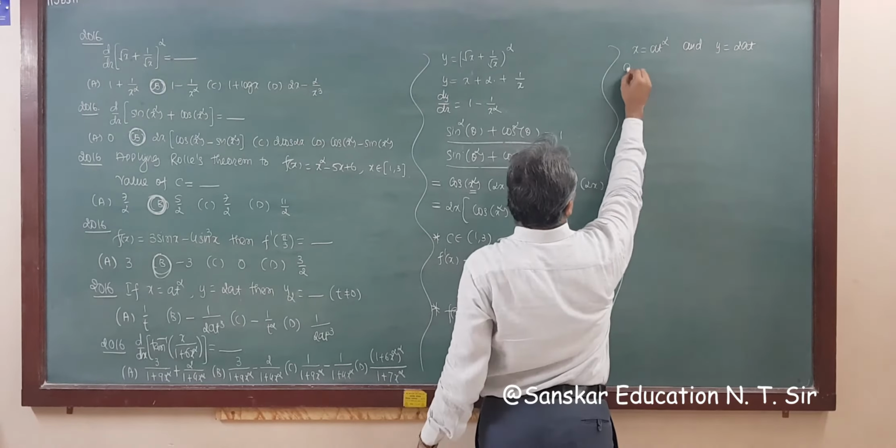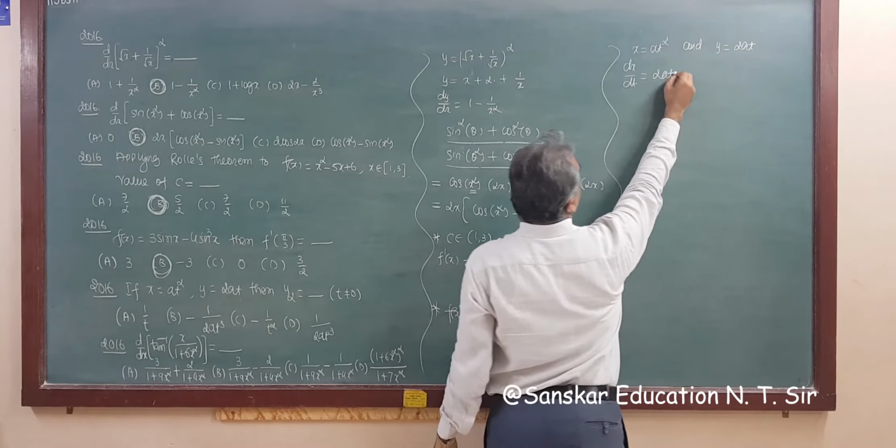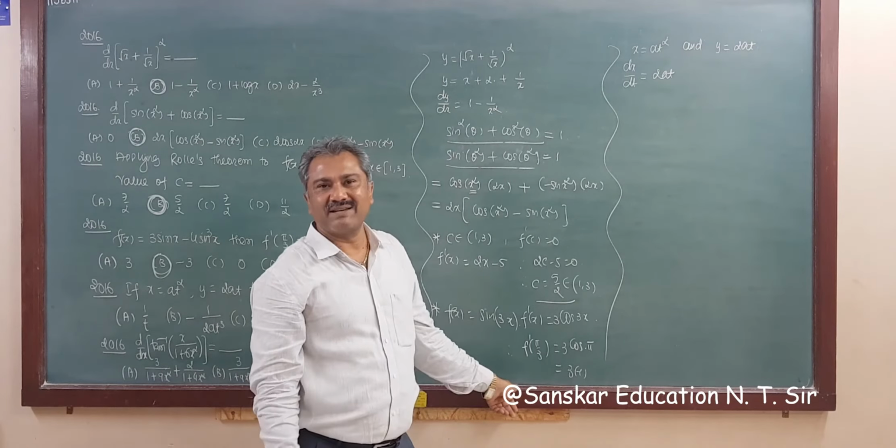What is the answer? dx by dt is equal to 2at, since a is constant and the derivative of t square is 2t.